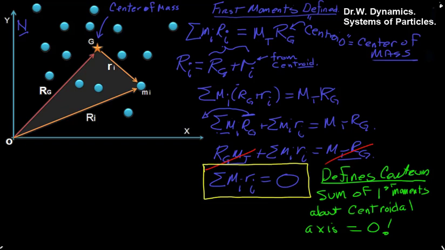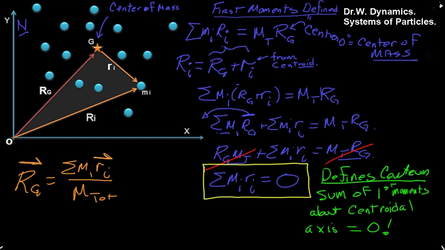So this shows how the first moment is used to define the location of a centroid or a center of mass, where the general process to find Rg is to do the sum of the mi Ri's over m total. And R here is a vector value, and if you do that vectorially, you'll get the vector solution for this.